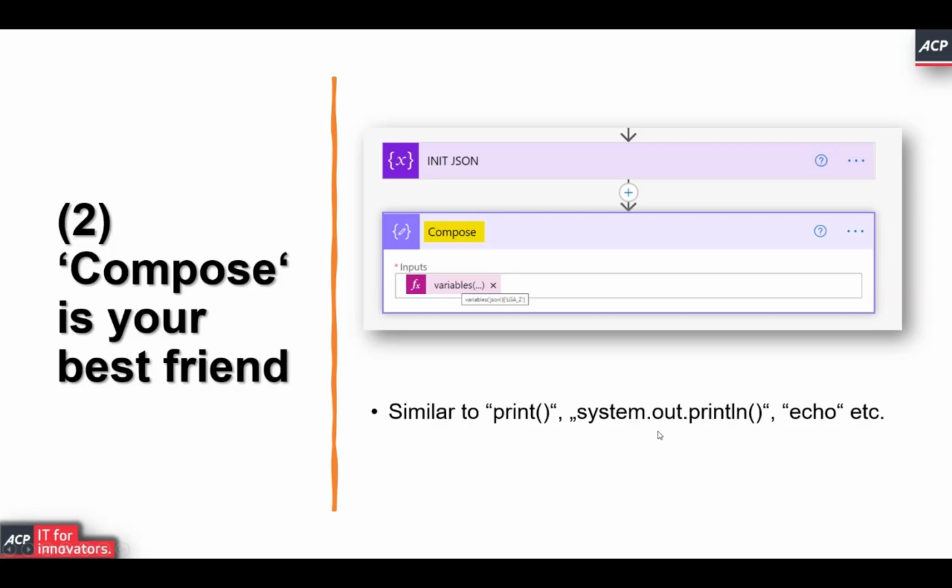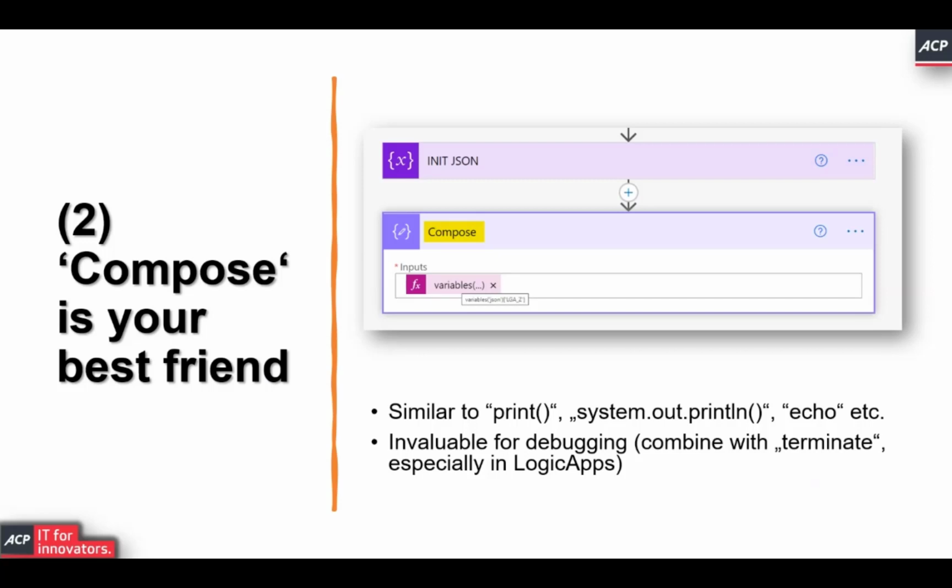So basically it gives you a tool to output content that you're dealing with within Power Automate. You can use it a lot for debugging, and that's especially important because what you don't have is a very verbose debugger that comes with Power Automate. So you need to have some kind of tool that gives you the feedback on what you've been putting together before you input something else.